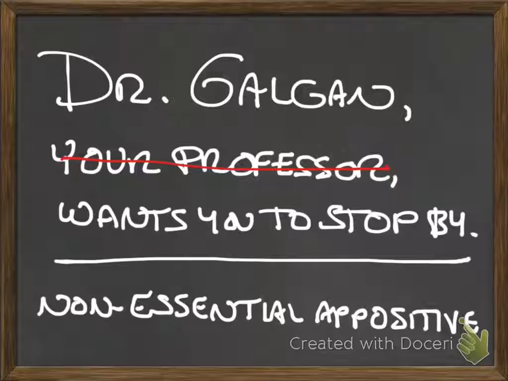Dr. Galgan wants you to stop by. For some reason, this person needed to put in your professor, the appositive. That refers to me. Gives you more information. So Dr. Galgan, your professor, wants you to stop by. In this case, you do set the appositive off with commas.